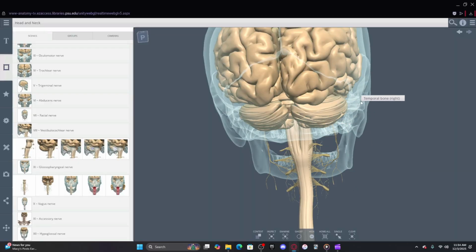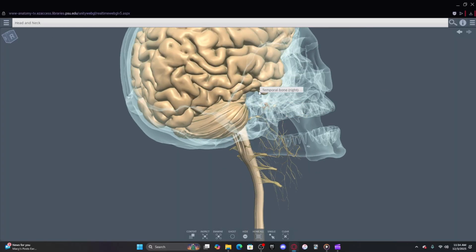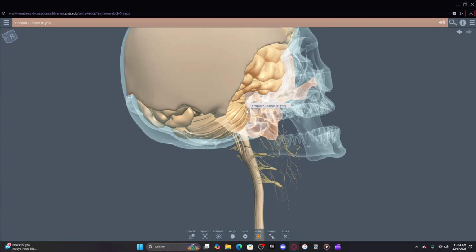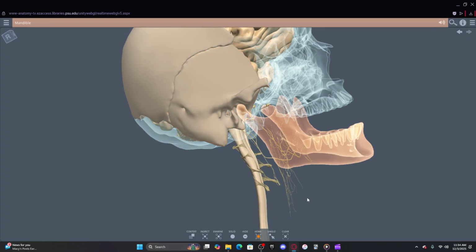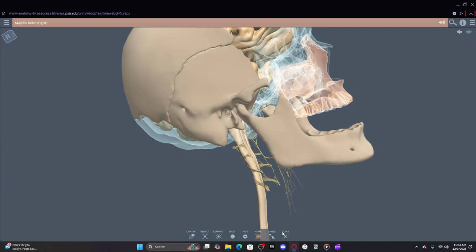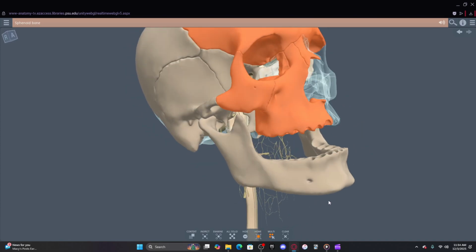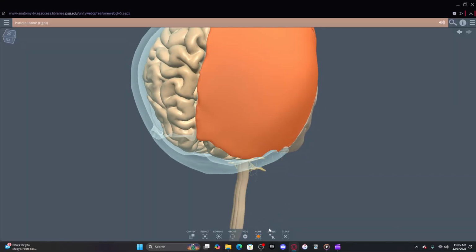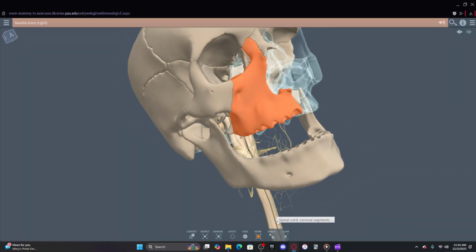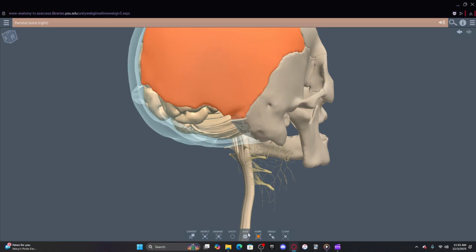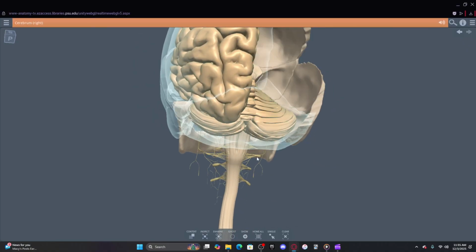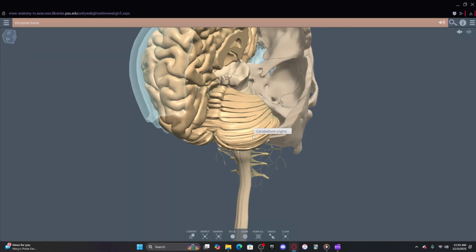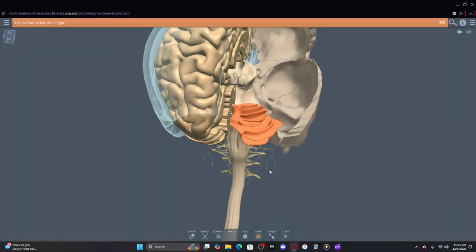So let me solidify all of these structures. Okay, so now we're looking at cranial nerve number 9, glossopharyngeal.